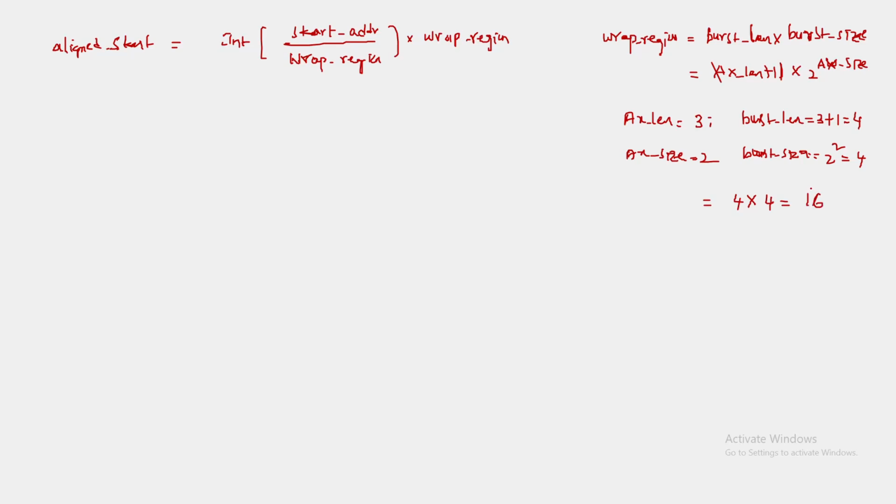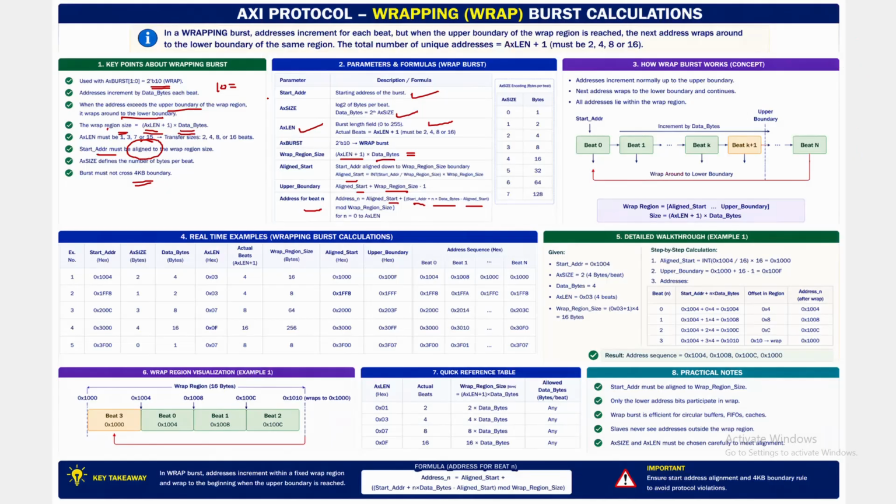Okay, so with that 16 we need to calculate the aligned start. Aligned start, how will we calculate that? Int of start address we need to mention, right? That start address is what we mentioned in the previous slide.